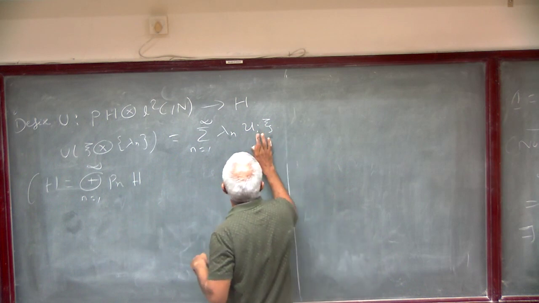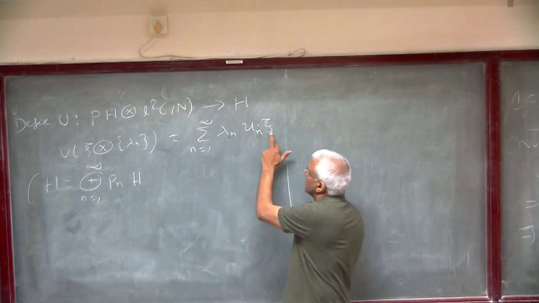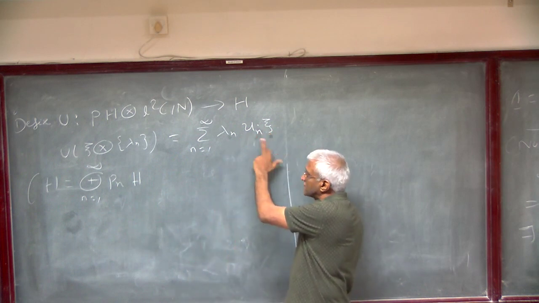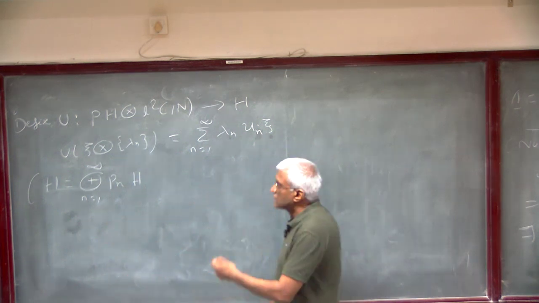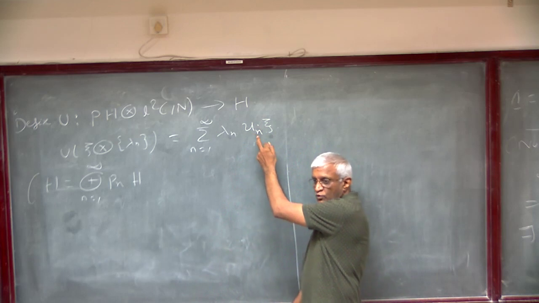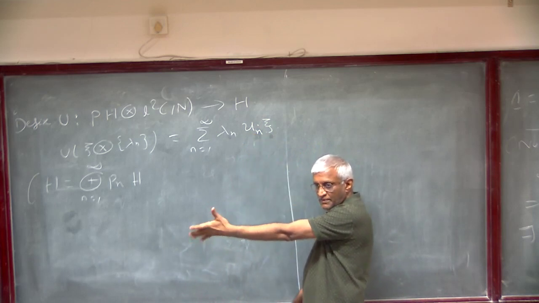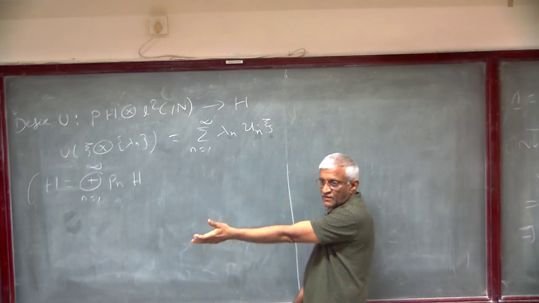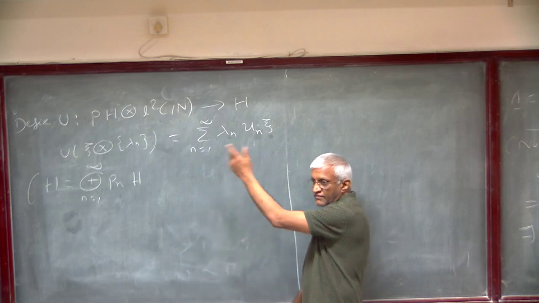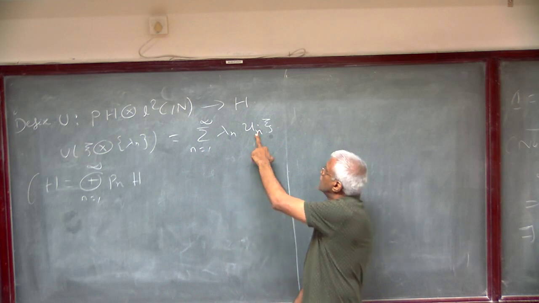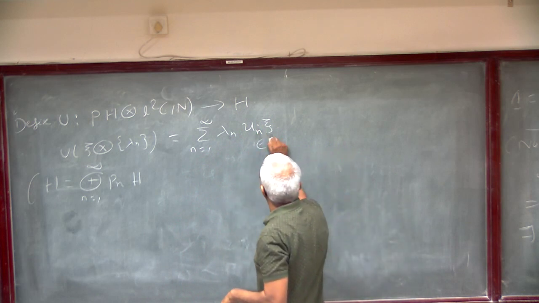Un xi, Un is a partial isometry which intertwines P1 and Pn. So range space of Un will be the range of Pn. Un has initial space range of P1 and final space range of Pn. So Un xi will be in PnH.